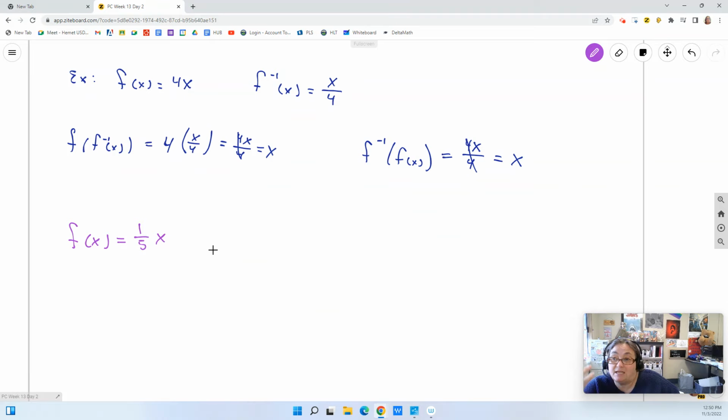So what would you think that the inverse function of this would be? Yeah, but what would we multiply? Yes, right? It would be 5 or 5x, right? Technically, if we have x over 5, our inverse would be 5 times x, right? And we could prove it if we wanted to, right?